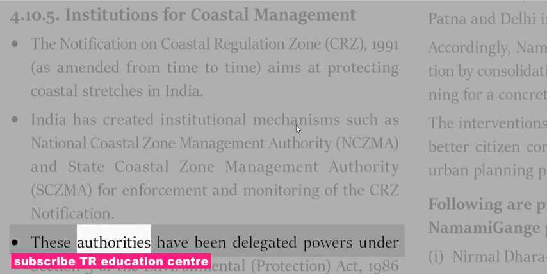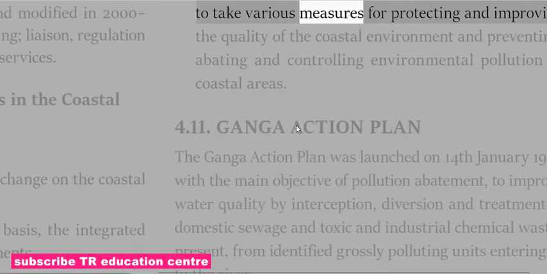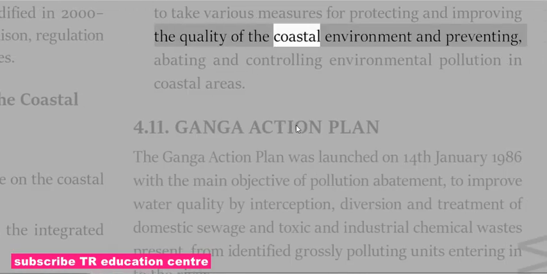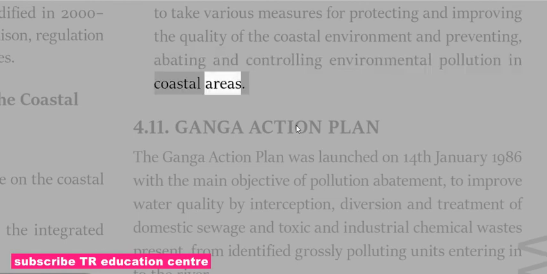These authorities have been delegated powers under Section 5 of the Environmental Protection Act, 1986 to take various measures for protecting and improving the quality of the coastal environment and preventing, abating and controlling environmental pollution in coastal areas.